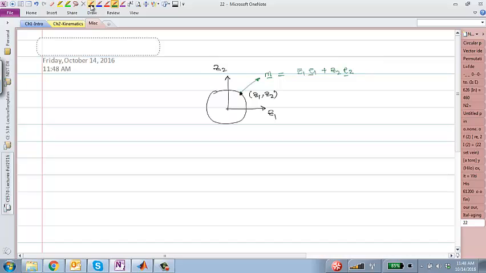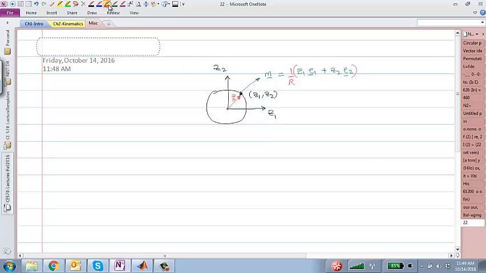Why? Because the position vector of that point, this vector Z, the normal points in the same direction. And if we divide that by the radius, then we get a unit normal, right? And that would be true for any point on the surface of this curved surface of the cylinder.